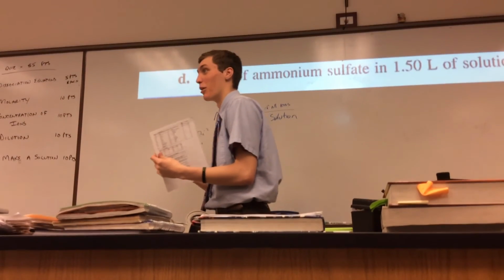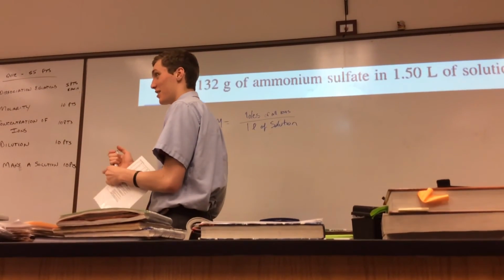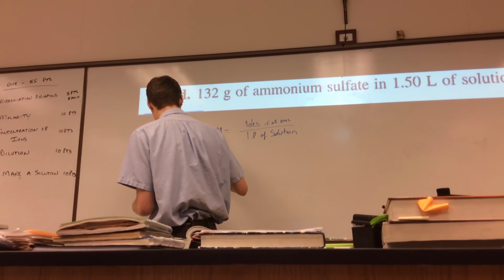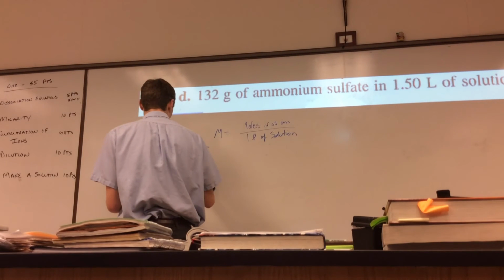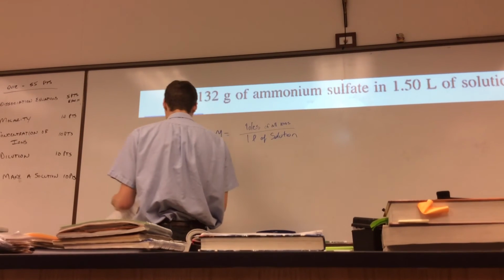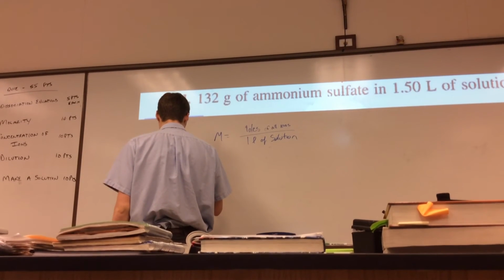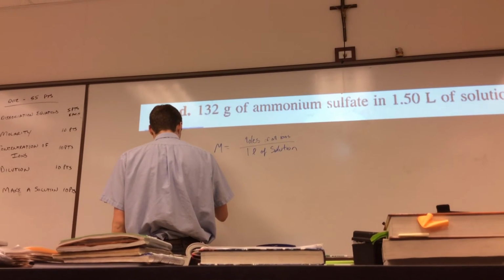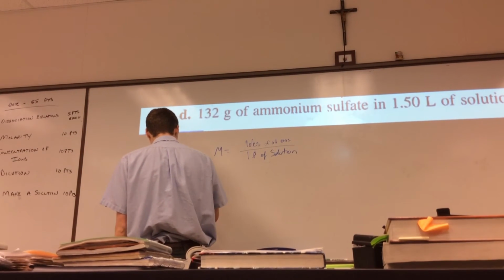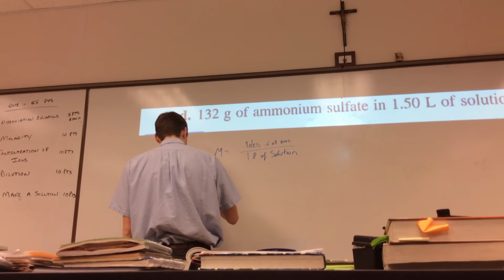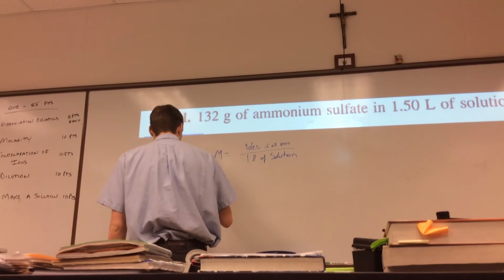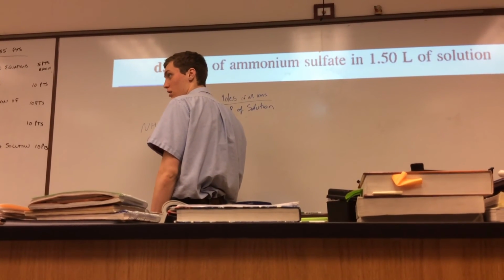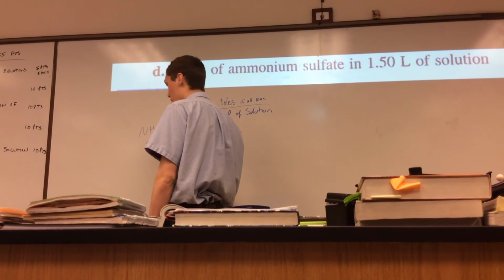Crisscross, I don't know. That's not crisscrossing. Crisscrossing says you take the absolute value of the charge and cross them, making them subscripts. Why would we crisscross? Because you got to know what the chemical is. And now we can get the number of ions, because unless we crisscross, we don't know how many ions are coming off of there. Now you can either stop there or you can keep moving on with that dissociation there.